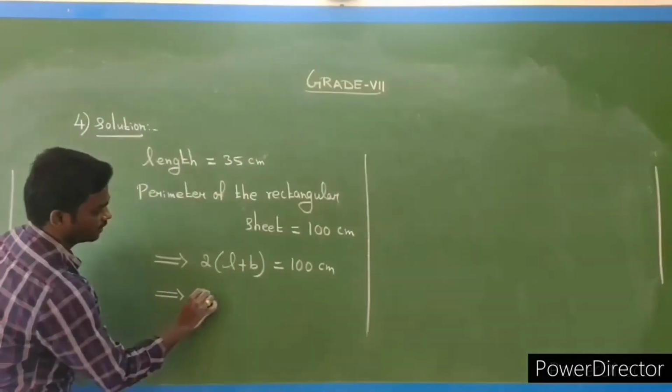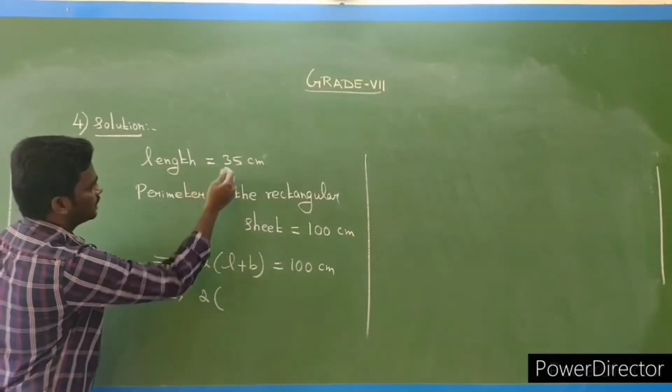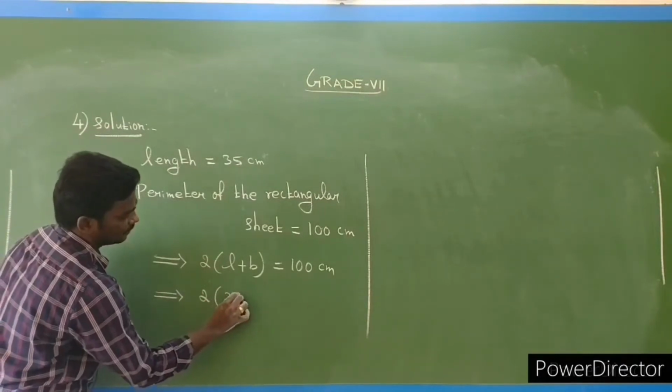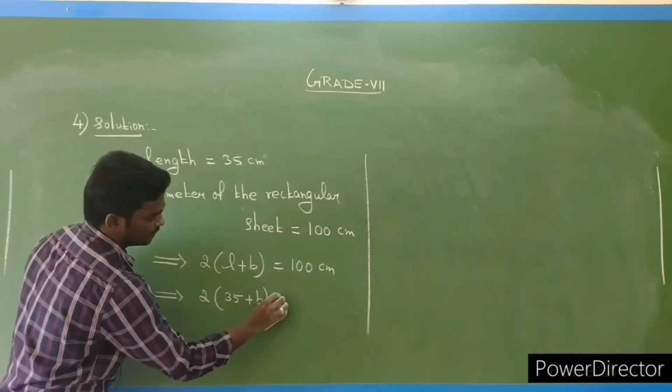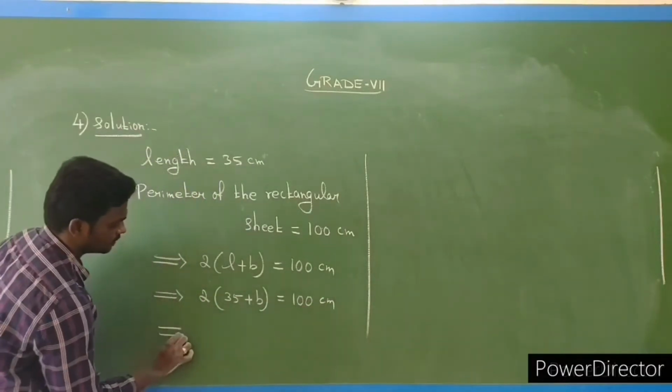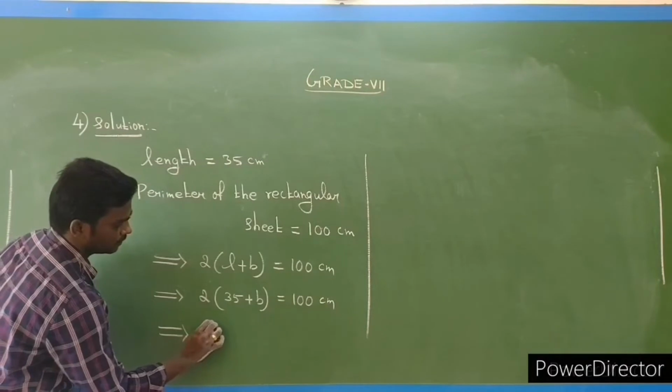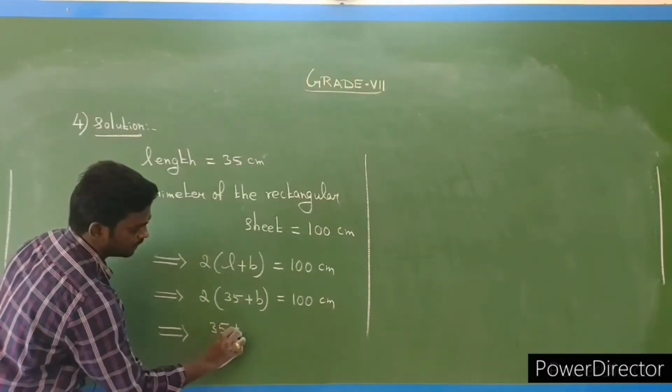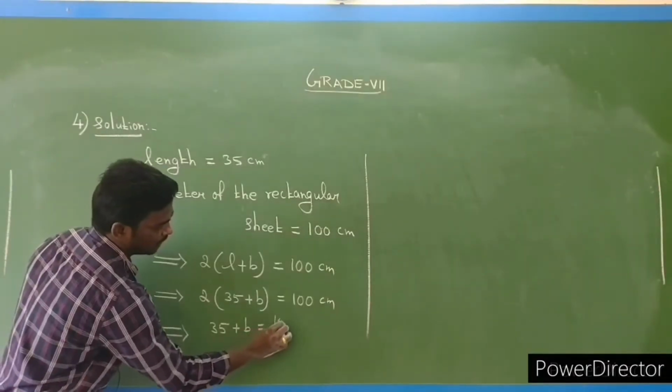So implies that 2 into, the length is 35 centimeter plus B is equal to 100 centimeter. Implies 2 into 35 plus B, which is equal to 100.